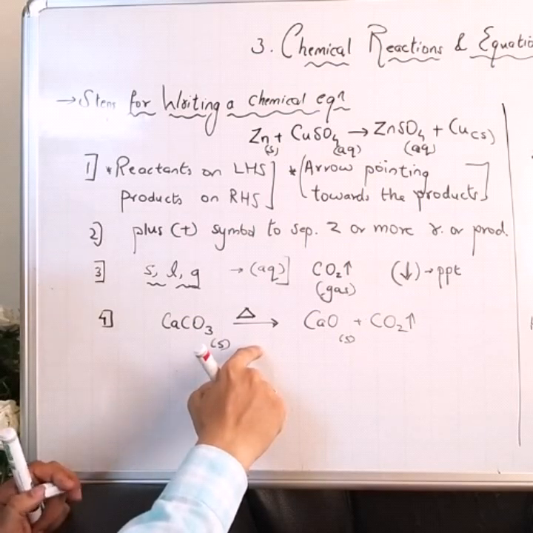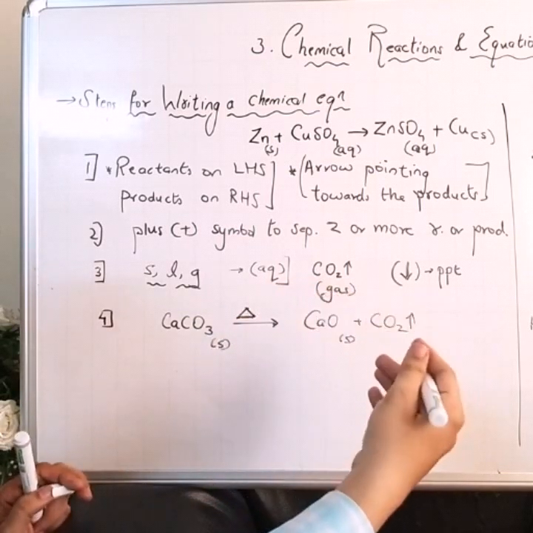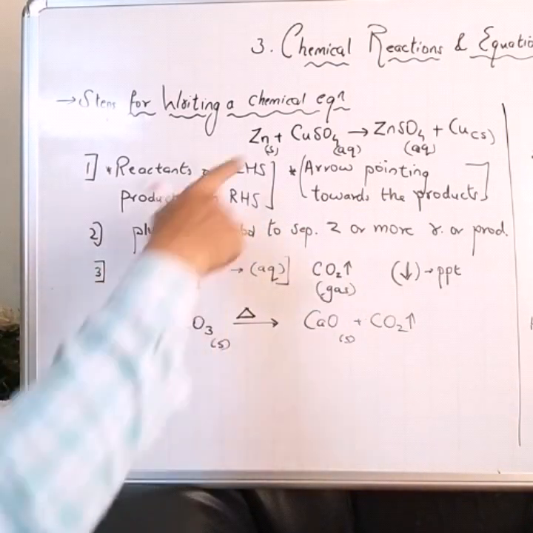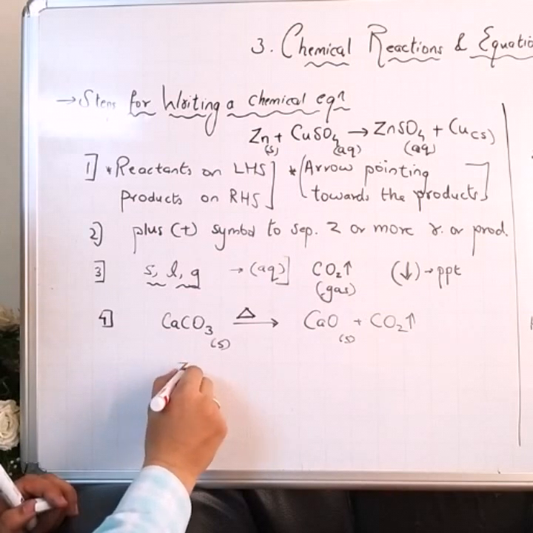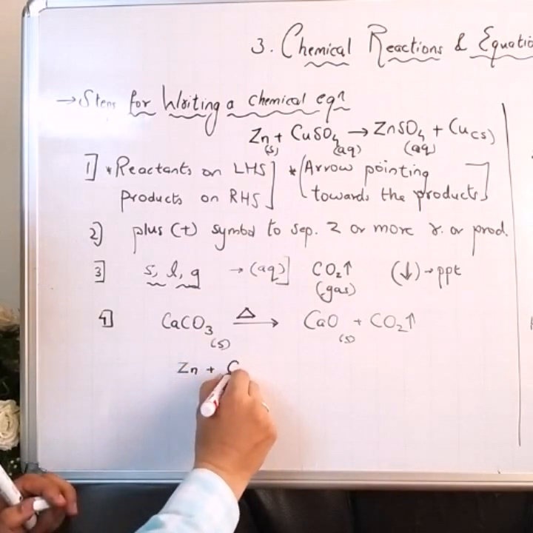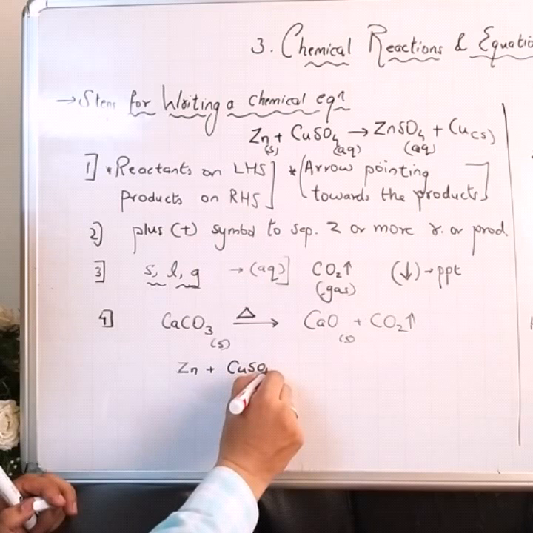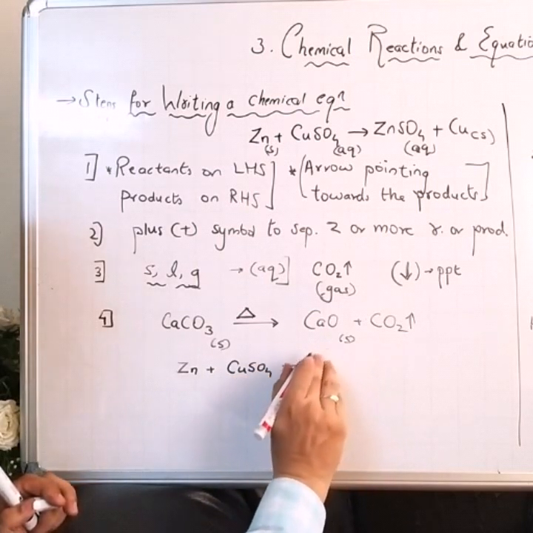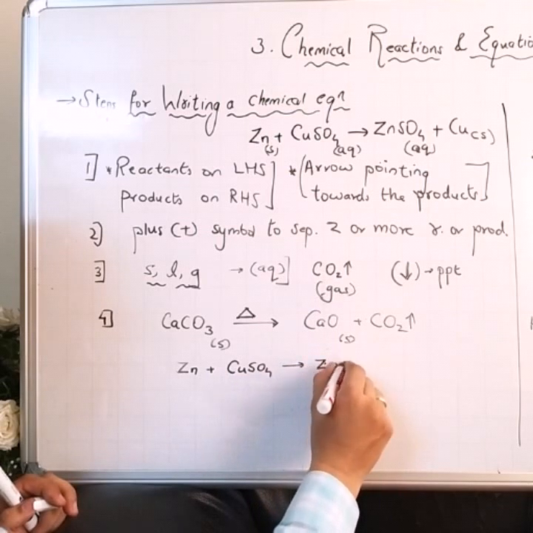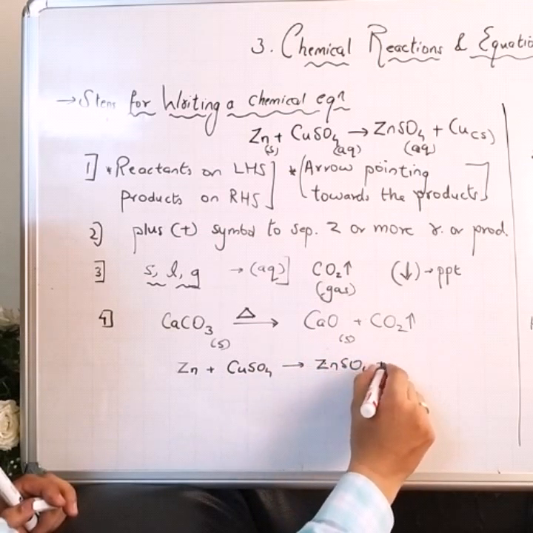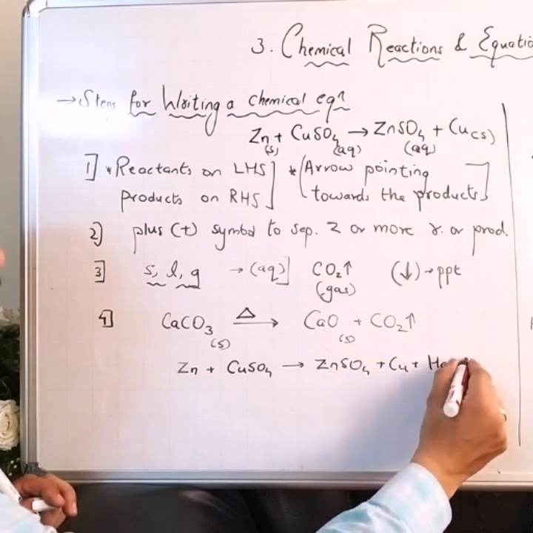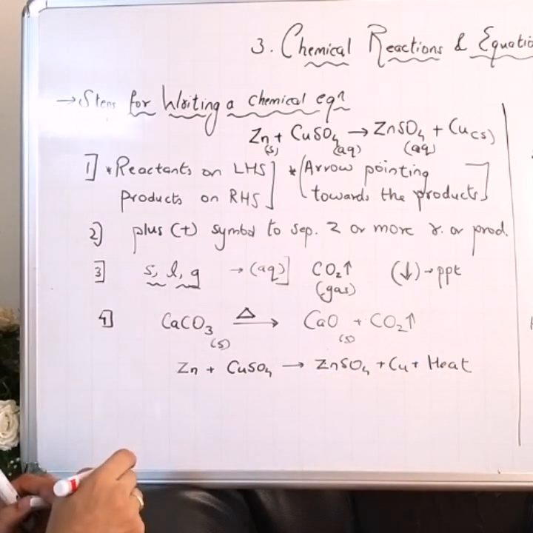Okay. Now if heat is given out, then also we have to mention it, like in this example. Okay, zinc reacts with copper sulfate to give zinc sulfate and copper. Here some heat is liberated, so I have to mention here with liberation of heat.